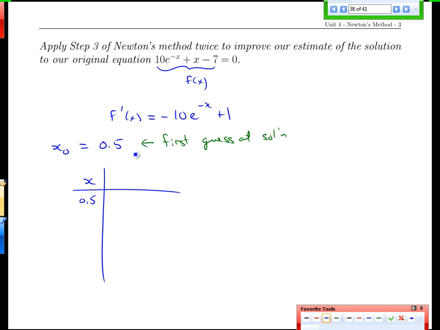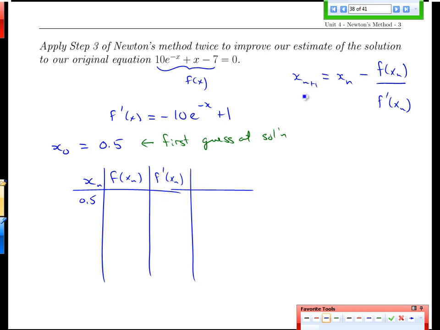Well, keeping in mind our xn plus 1, our new x, is our old x minus our function at x divided by the derivative at that same old point, we're going to need the function at xn, and we're going to need the derivative at xn, and then we're going to put all that together. There are different variations on this about what you actually put in the table, but these two ingredients are essential.